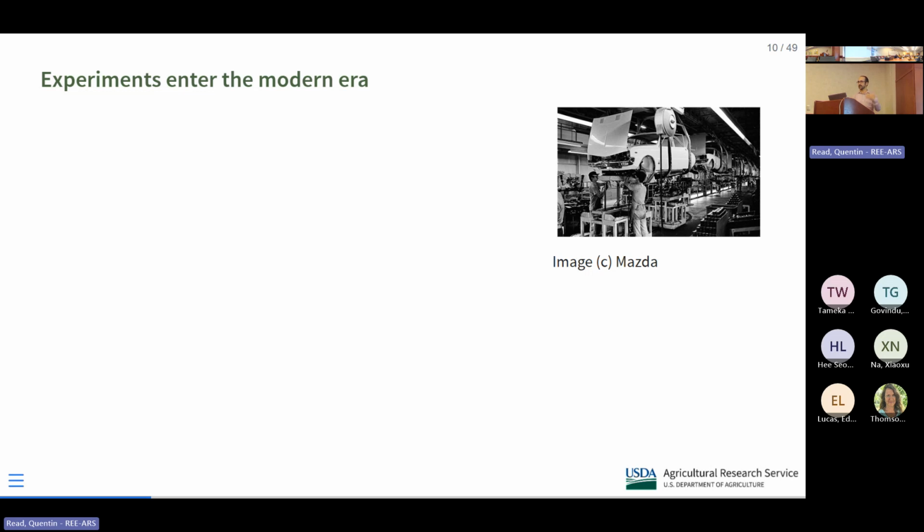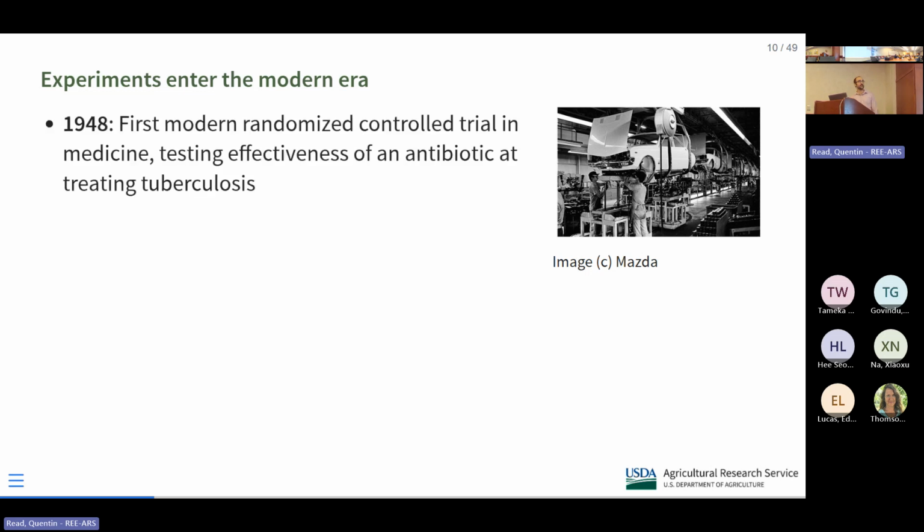And then, as the 20th century went on, even though a randomized controlled trial was done in the 1700s, the first modern style trial like we would do today was done in the 1940s, testing antibiotics to treat tuberculosis. Before that, pretty much all medical journals just had case reports.